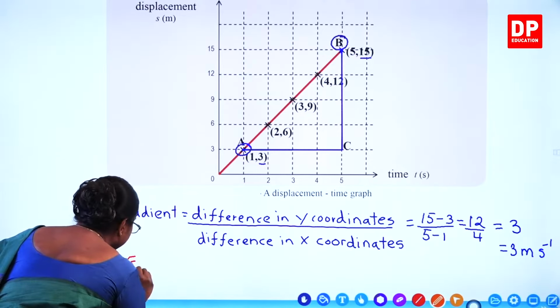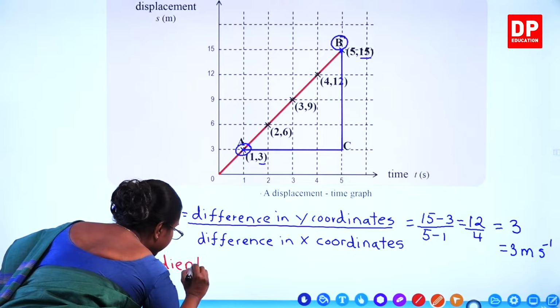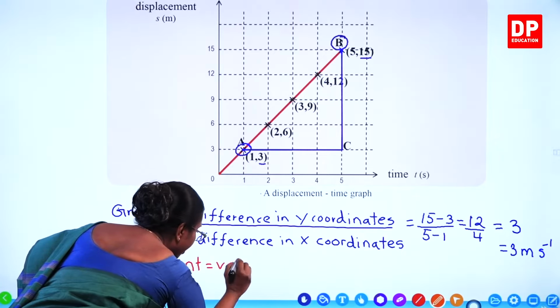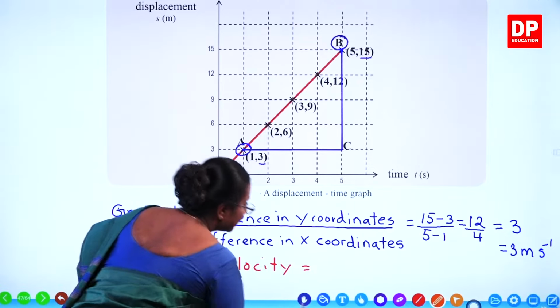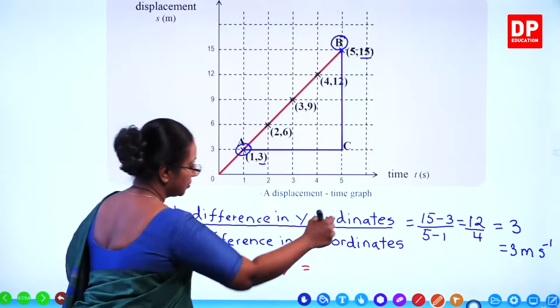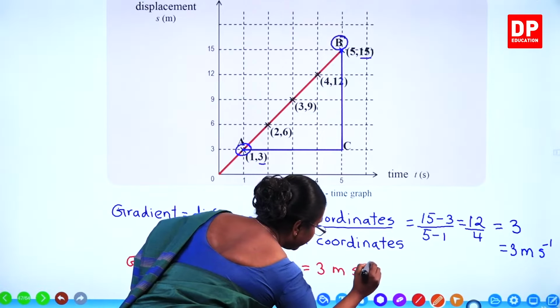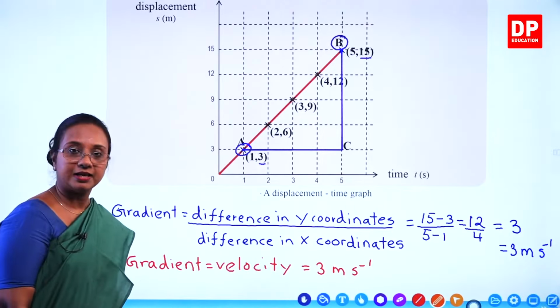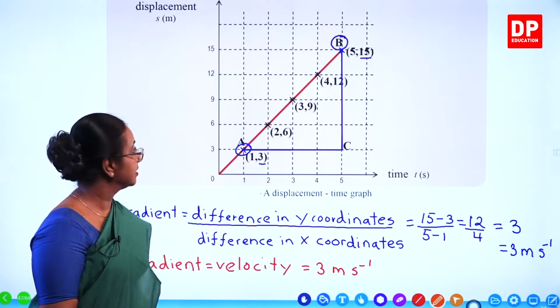The gradient is equal to velocity in a displacement time graph. So here we have got the value as 3 meters per second, and the units are also the correct units.